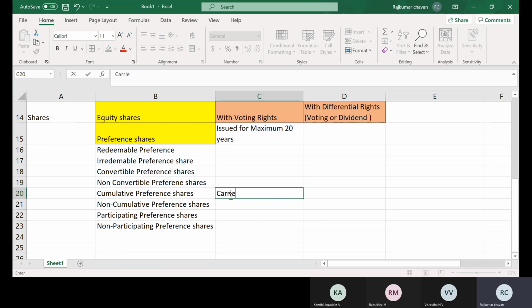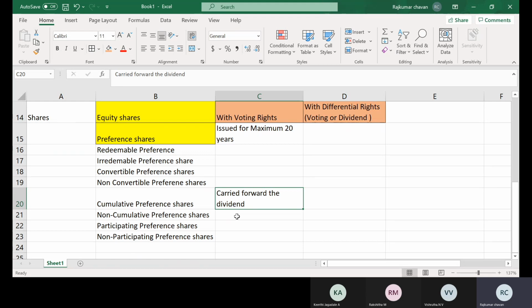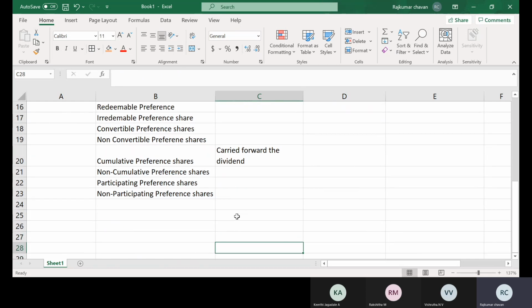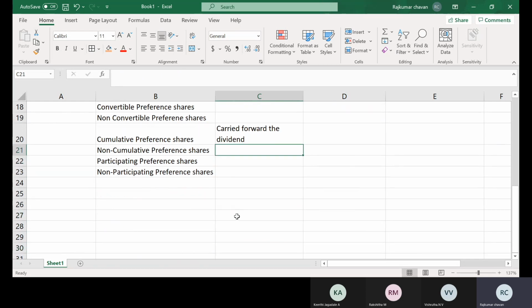Then in non-cumulative preference share, if the company does not have any profit in the current year, they may not declare a dividend, and the dividend will not be carried forward to the next years. That is called non-carried, non-forwardable dividend. Dividend will not be carried for the next year.